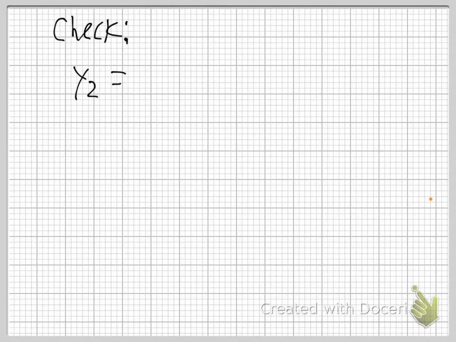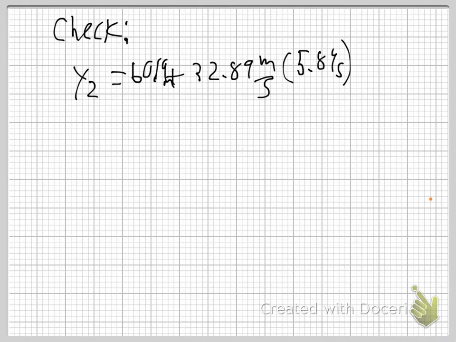So y2 should be equal to y1, which is our peak, plus 32.89 meters per second times the time, minus, and then 5.84 squared.